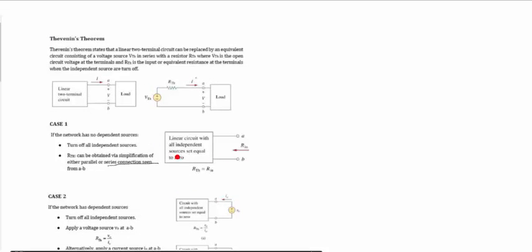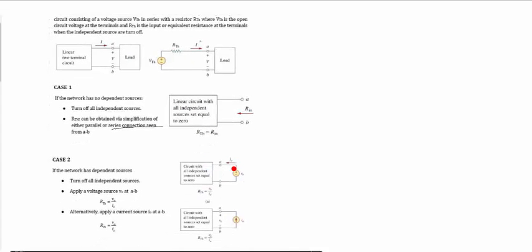Instead of just leaving this place open, you add either a 1 volt supply or a 1 amp supply.